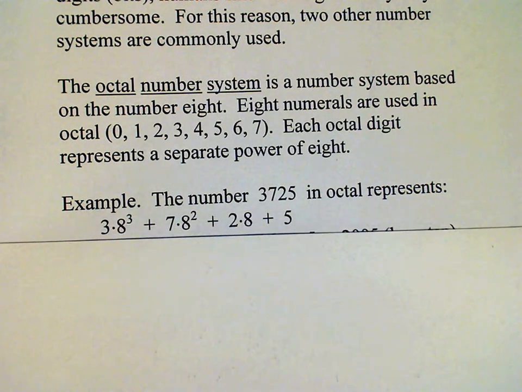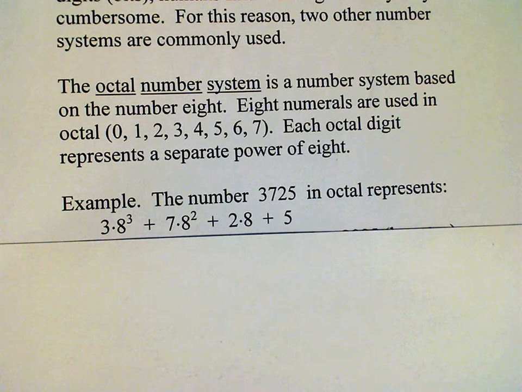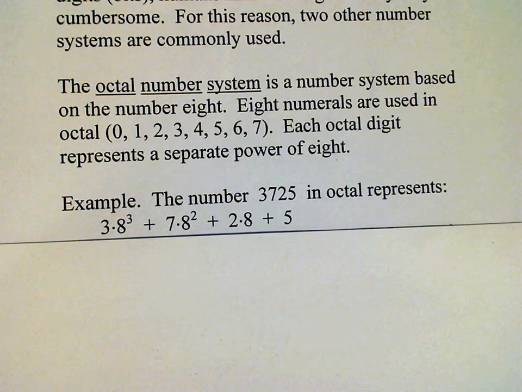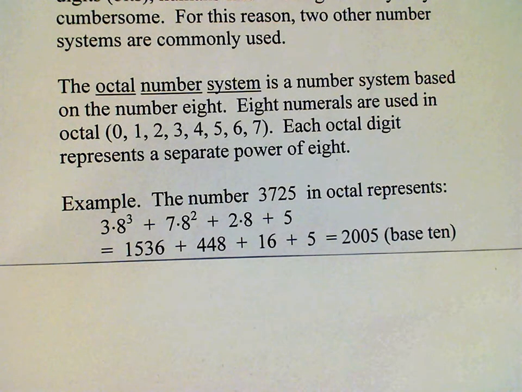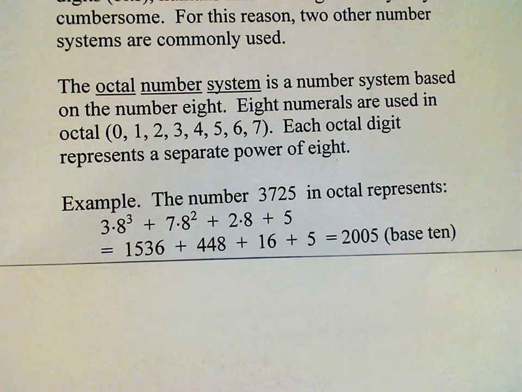So that means we have 3 times 512 plus 7 times 64 plus 2 times 8 plus 5 units. And so converting this from octal to decimal gives us 2005 in base 10.